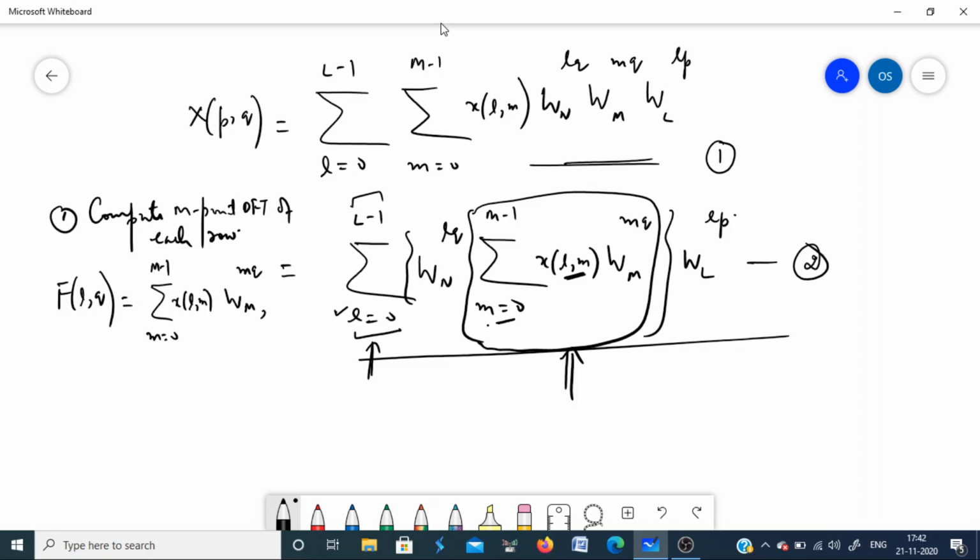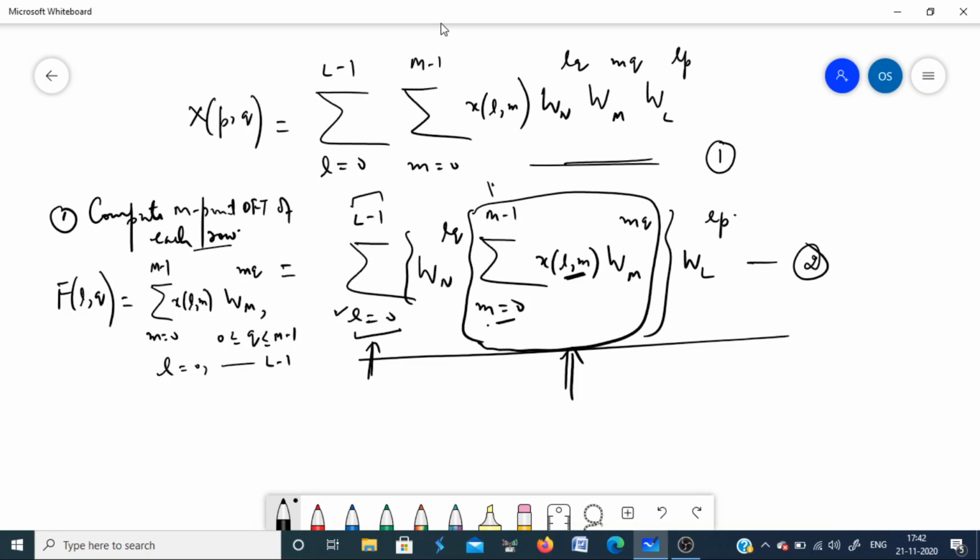Okay, where q is between 0 to M minus 1, so for each row, that is l is equal to 0 to L minus 1. So first you compute the N-point DFT of each row.